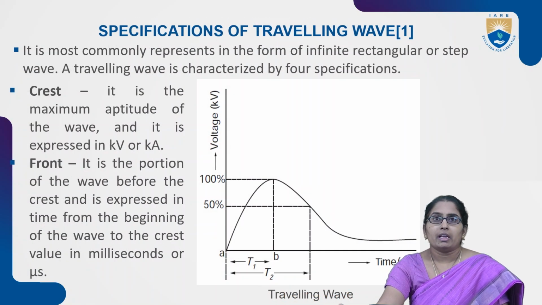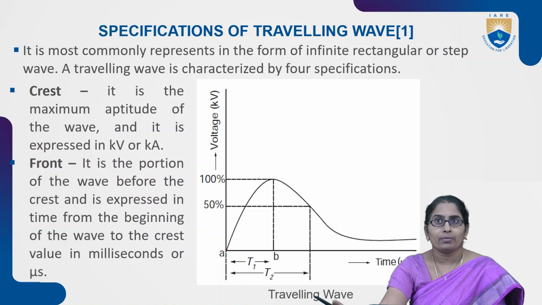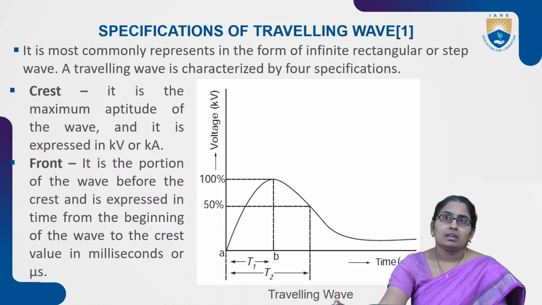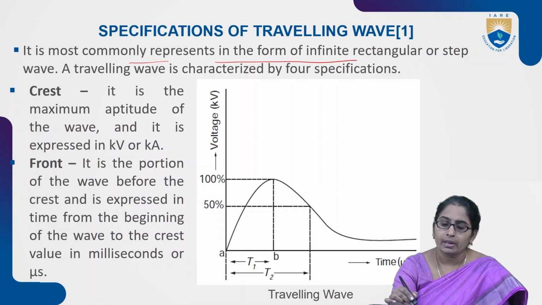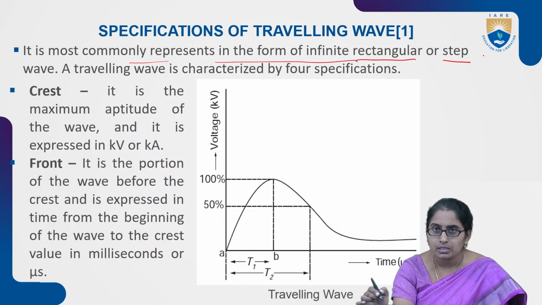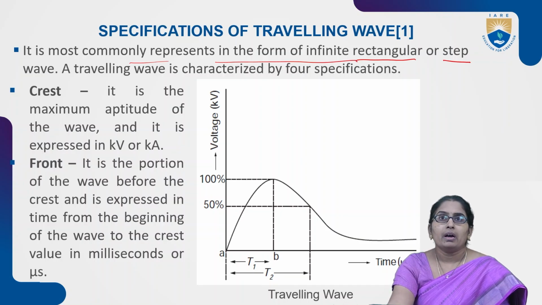Next, as I said, there are one or two small definitions here under traveling wave. We know that the traveling wave in the transmission line is nothing but a voltage wave or current wave. Most commonly it is in the form of an infinite rectangular or step wave, and it is characterized by 4 specifications.